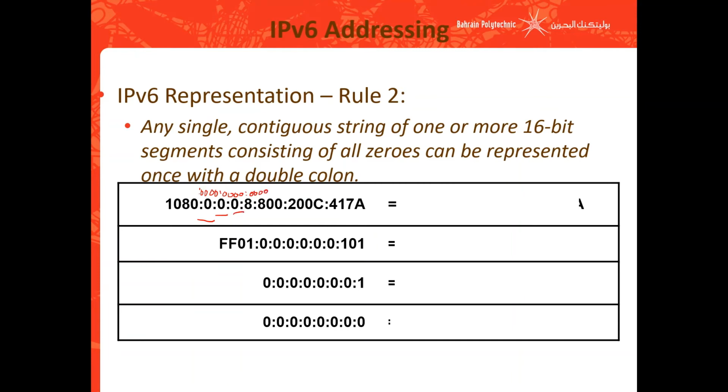So we had leading zeros. From rule 1, we know we can remove those. So you remove all the leading zeros, and then you're left with just one 0.